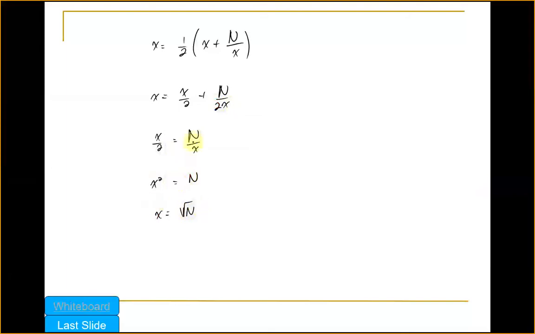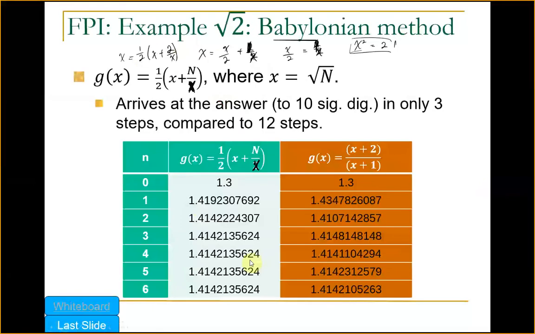But the point is this is what you'd be doing the operation on. Only subtractions, divisions, multiplications, additions. And when you do this operation, eventually the x will turn out to be the square root of n. Note from the Babylonian method, this is what we got as our best option.